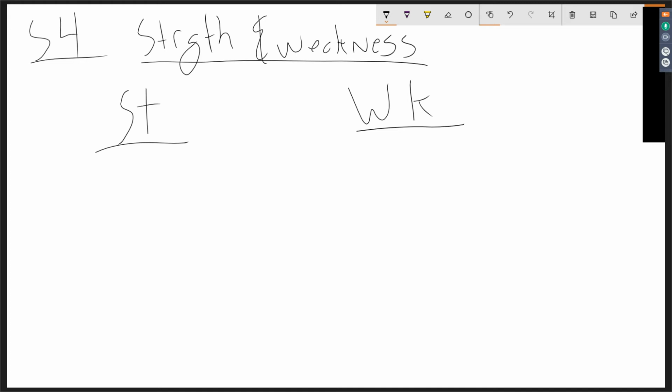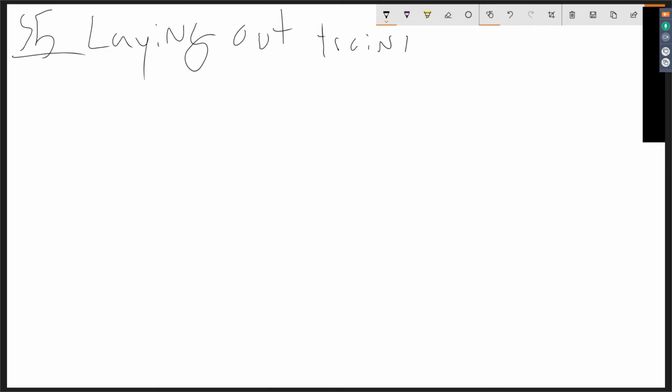All right. So now we move on to step 5, which is laying out the training plan. This is very difficult for some folks, especially if they're not part of a larger organization that has a formulated training and evaluation program.